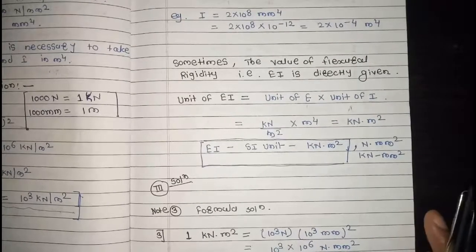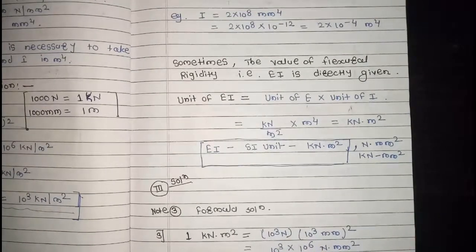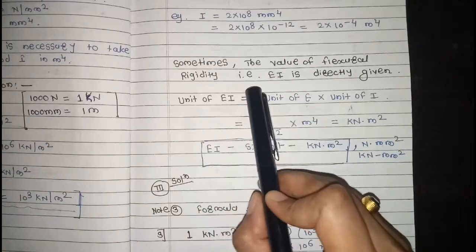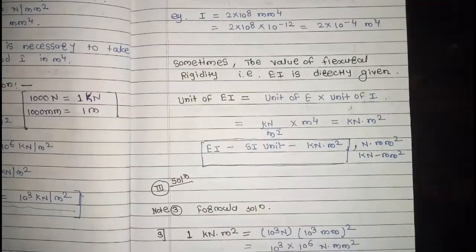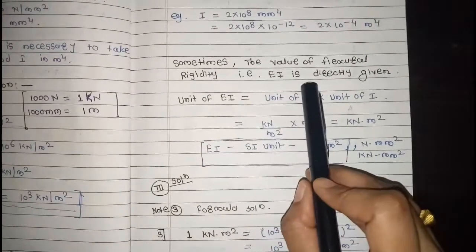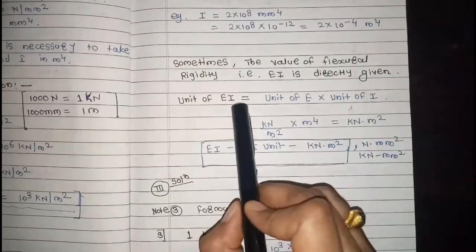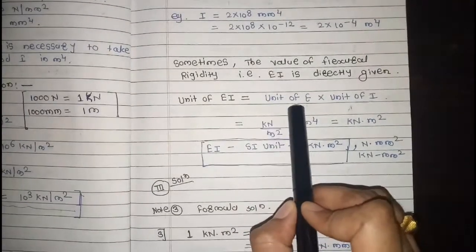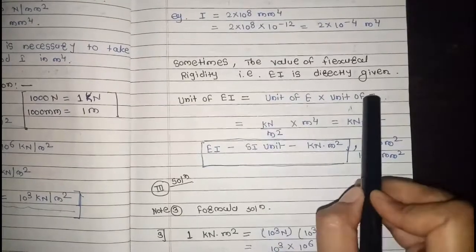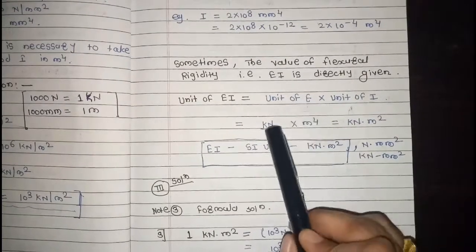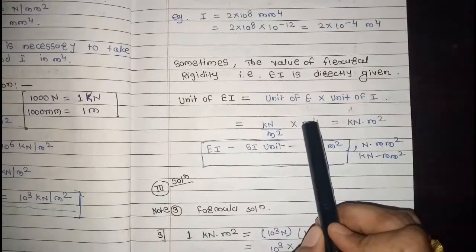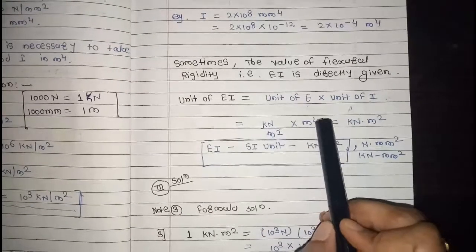And third, sometimes the value of flexural rigidity, that is EI, is directly given. EI means flexural rigidity. The unit of EI is equal to the unit of E into the unit of I. So the unit of E is kilonewton per meter square, and the unit of I is meter raised to 4.